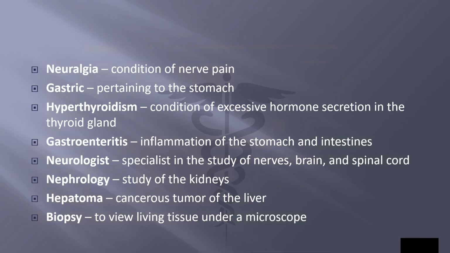And down at the bottom of page 16, we have figure 1.14, hyperthyroidism. This is also known as Graves' disease. Notice the enlarged thyroid gland. It produces too much hormone, which causes rapid pulse, nervousness, excessive sweating, and swelling of tissue behind the eyeball. And this results in a bulging of the eyes.